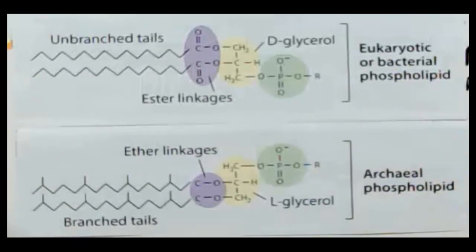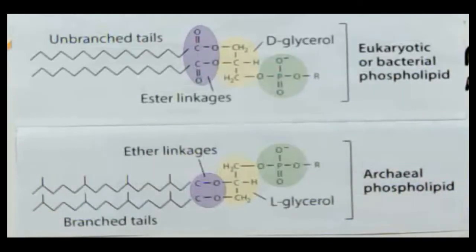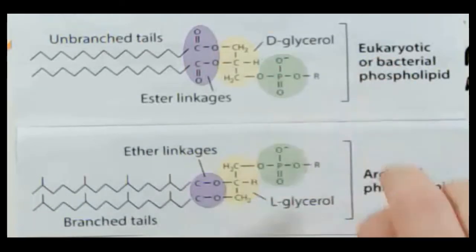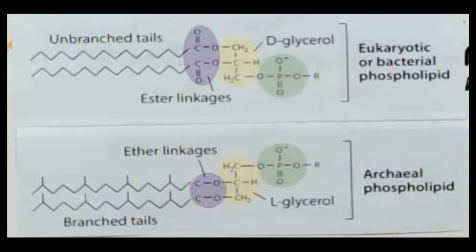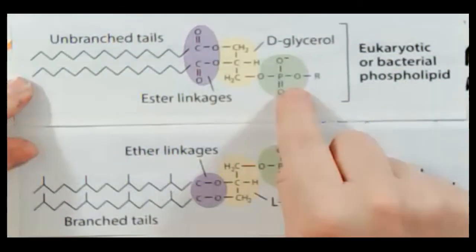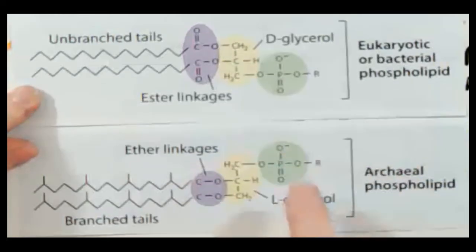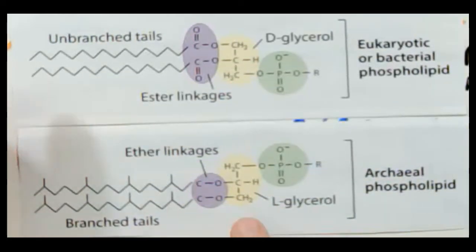So what we are showing here on top is the bacterial phospholipid, and it's also what we would see in eukaryotes. And on the bottom is the archaeal phospholipid. Both of them have this phosphate group, and they both have a glycerol group. One's a D, one's an L. That does make them different, but don't worry too much about what the difference is between a D and an L form.